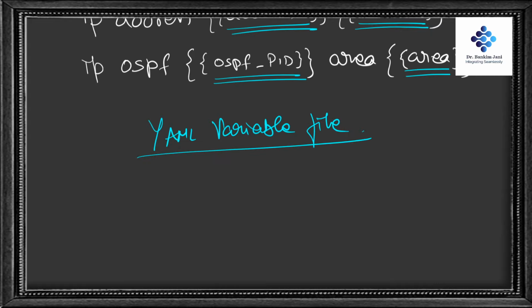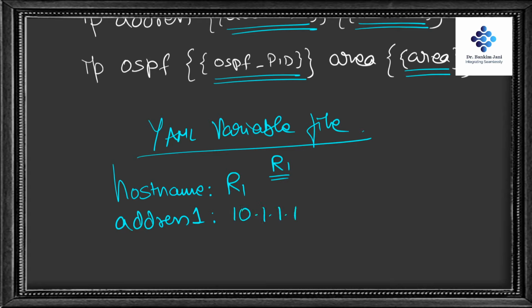Now how this would look for R1: say hostname. This is a variable and this is a value, so R1. When we say address 1, that was the IP address, and let's put it like 10.1.1.1.